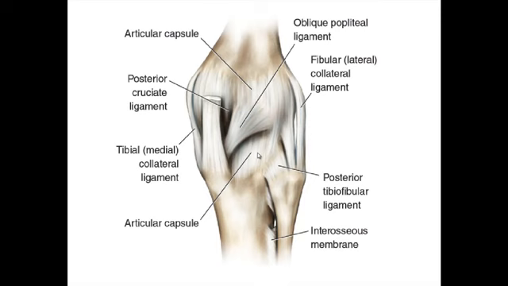It is reinforced posteriorly by the oblique popliteal ligament and the arcuate ligaments. Sometimes we'll hear that called the arcuate complex.